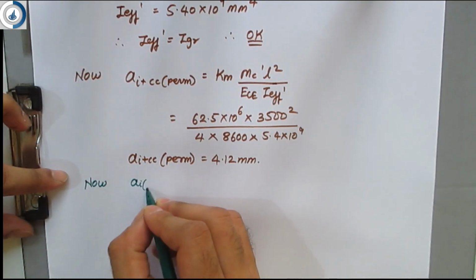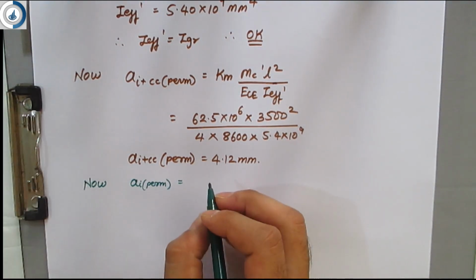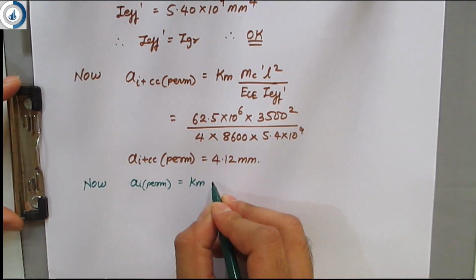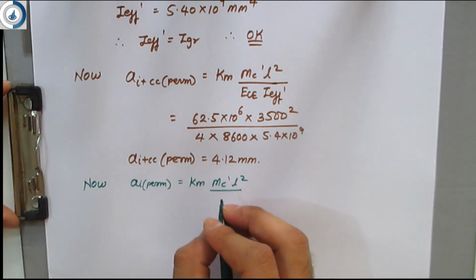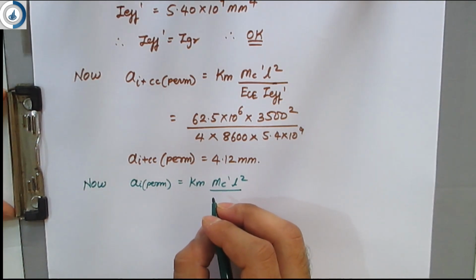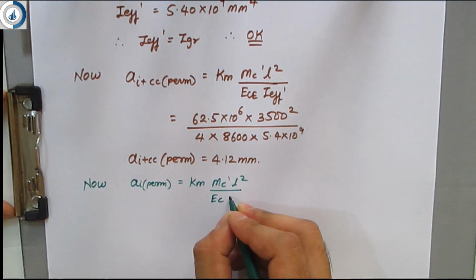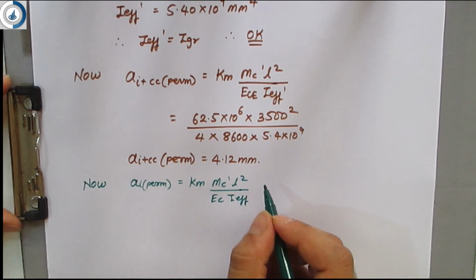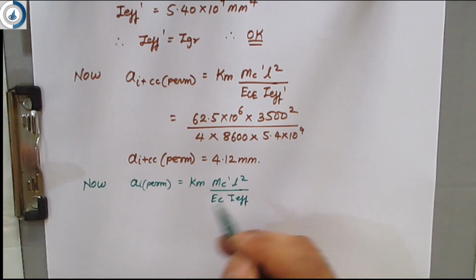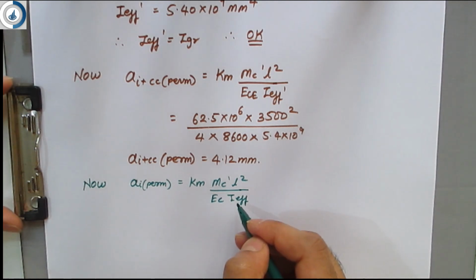Now AI permanent. This is given as Km MC dash L square. The only change is that here you have to take EC and I effective, the ones which we had calculated initially, without using the other modular ratio: the modulus of elasticity of concrete and I effective.